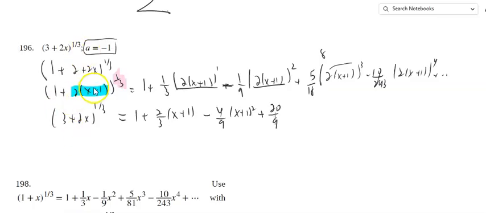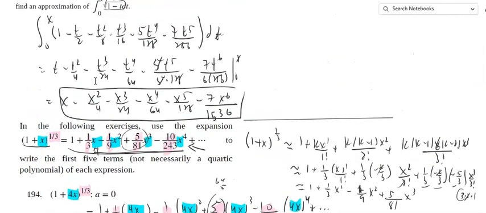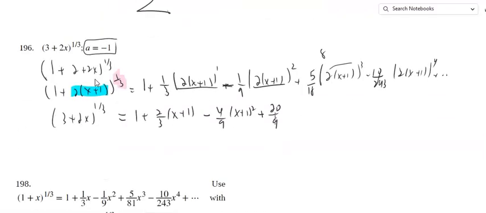I have something else in my notes. That's not an 18, that is 81. That's my mistake. I apologize. I'm so sorry. So that is 40 over 81 x plus 1 cubed minus, this is 2 to the 4th, that's 16 times 160, 243 x plus 1 to the 4th, and that goes on.